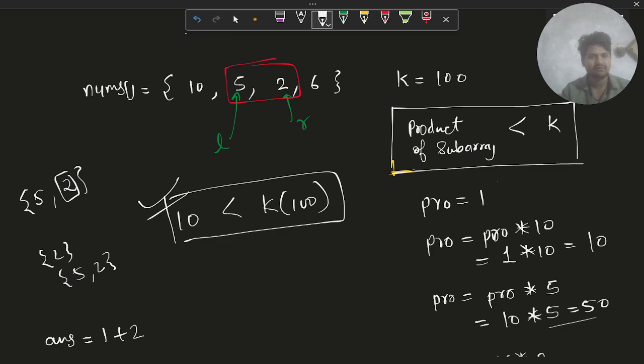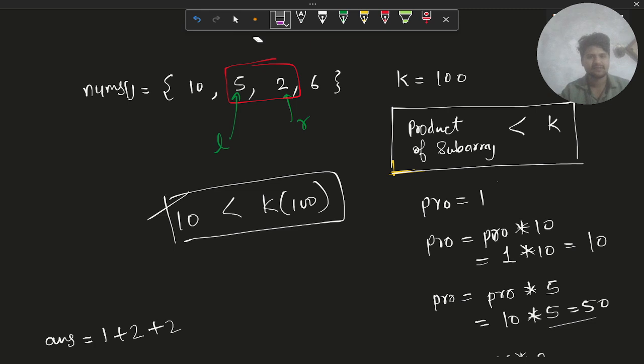So we can form 2 subarrays from this. The number of elements present inside this window is the number of subarrays that satisfy the condition. Now, if this is satisfying, then we have to increase the window.